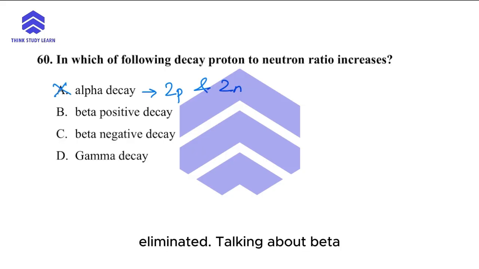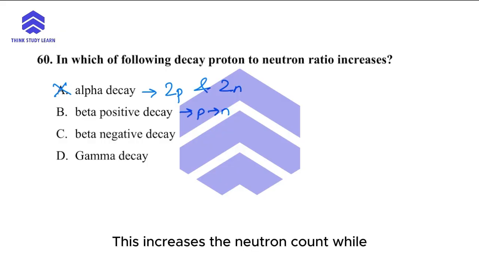Talking about beta positive decay, in this process, a proton is converted into a neutron. This increases the neutron count while decreasing the proton count. Thus, it results in increasing the neutron to proton ratio but not the proton to neutron ratio. Hence, option B is the incorrect answer.